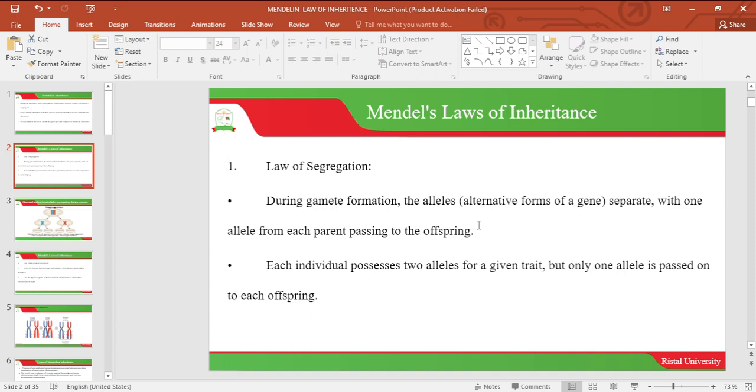If you still remember the process of cell division by meiosis, when gametes are forming, the alleles, or the different forms of a gene, separate with one allele from each parent passing to the offspring. Which means that each individual possesses two alleles for a given trait, but only one allele is passed on to each offspring.